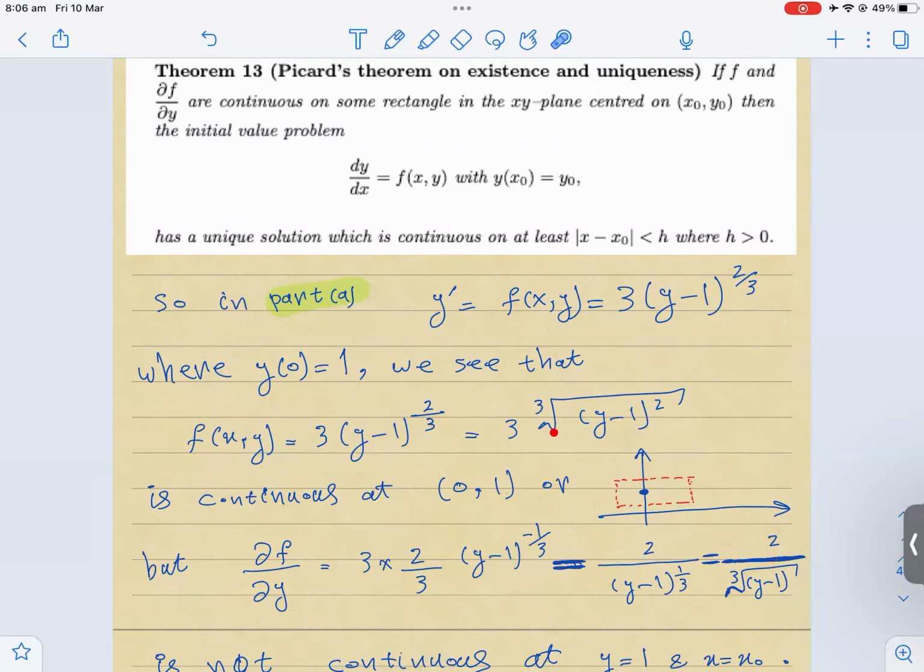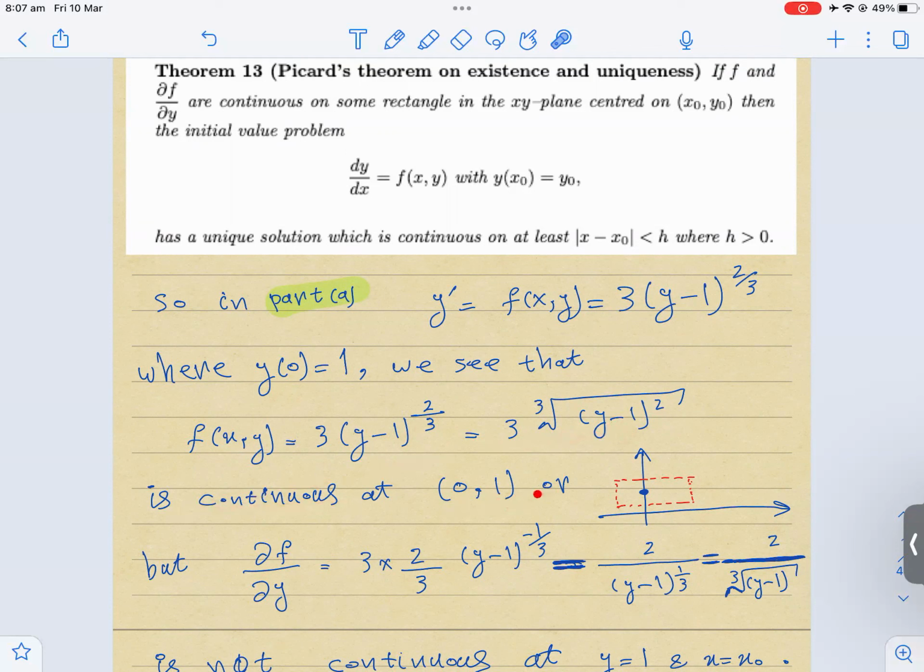If I write it in the square root way, as you see, it's continuous everywhere. The exponent is 2, an even number, so y can be anything.